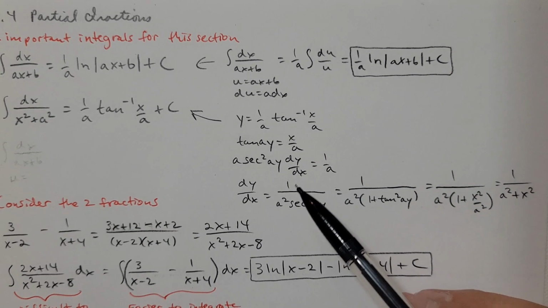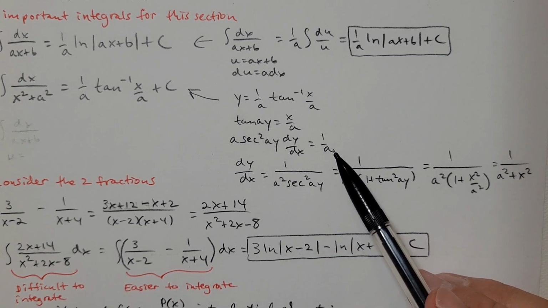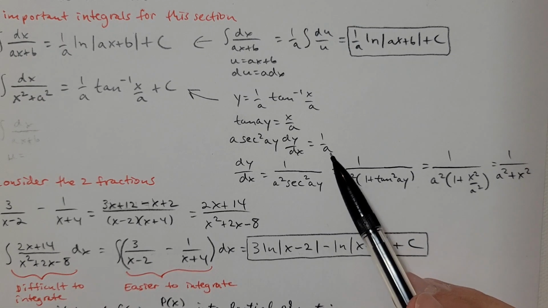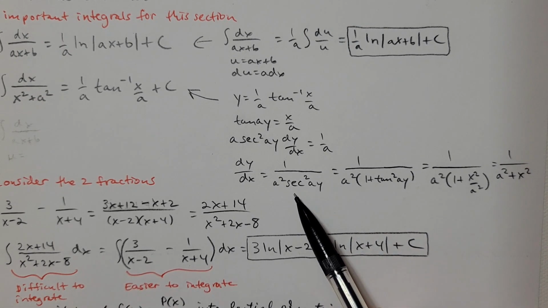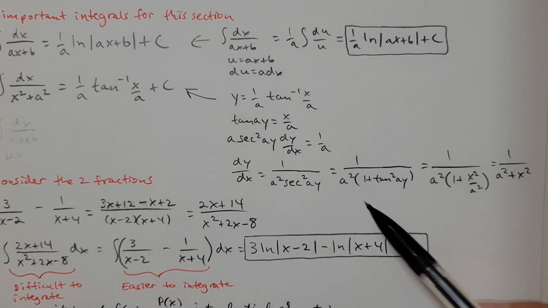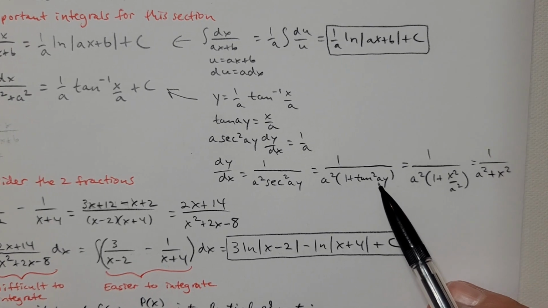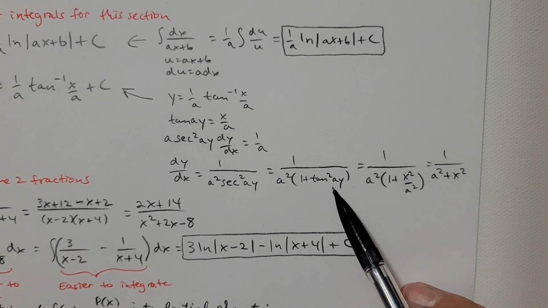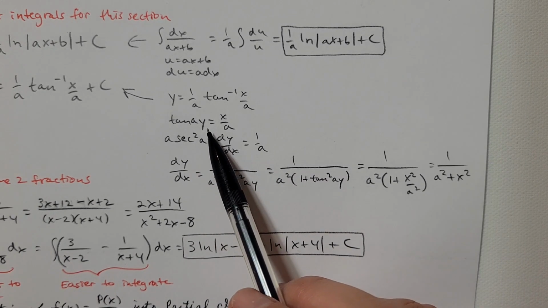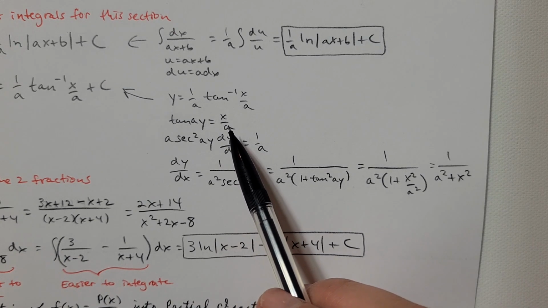Now, dy dx is the derivative, right? So I'm going to divide both sides by a times secant squared a times y. I've already got an a in the denominator. Secant squared a times y, that's the same as 1 plus tangent squared a times y. Okay? But tangent squared a times y, well, tangent of a times y is x over a, so it'd be x squared over a squared.